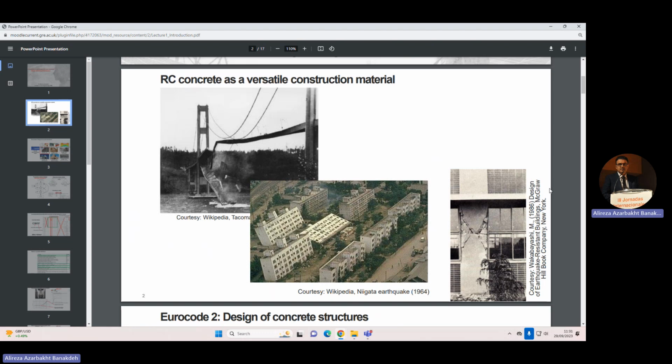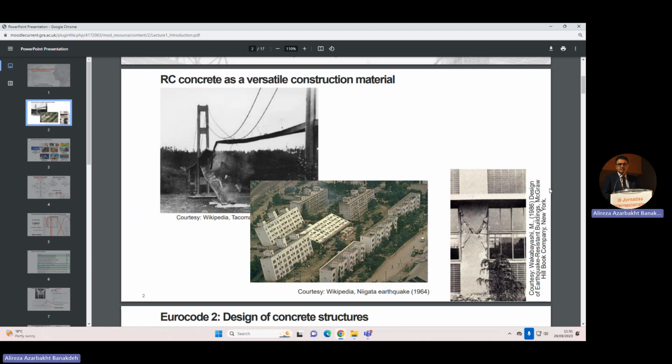And during the past decade, there have been lots of collapses in these kinds of structures. For example, the Tacoma Bridge in the States, the Niigata earthquake in 1964, and another one here, a short column failure in 1986 in another earthquake.